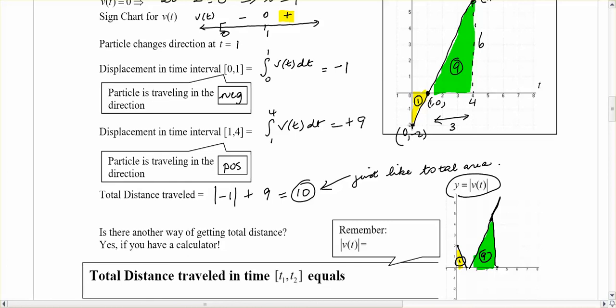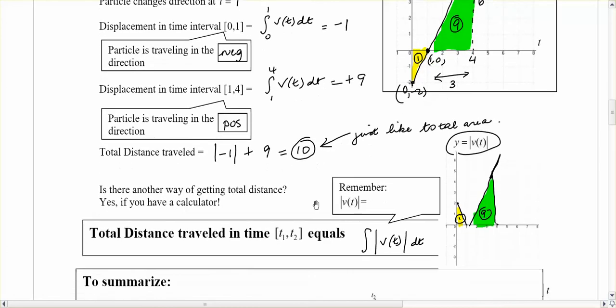The total area is obtained by just taking the integral of the absolute value of v of t dt, going from time t1 to t2. Remember the name we gave to the absolute value of the velocity function? We call that the speed function. But you need to do that using a calculator. In order to take the definite integral of an absolute value like this, you'd need your calculator.